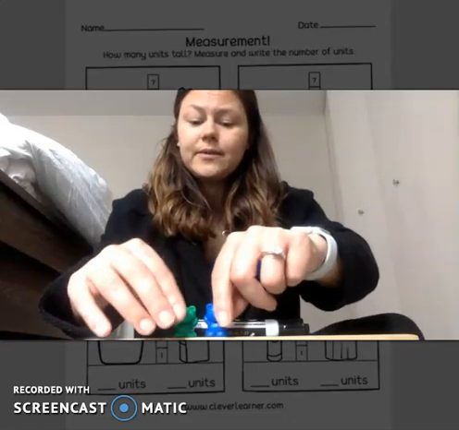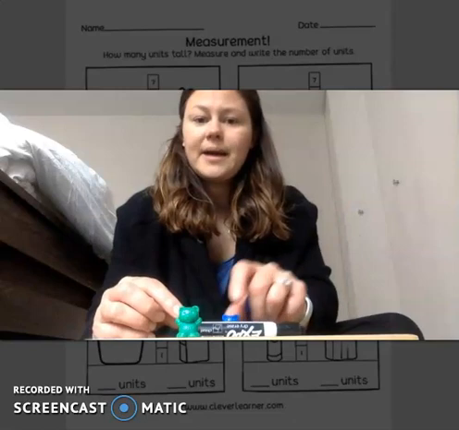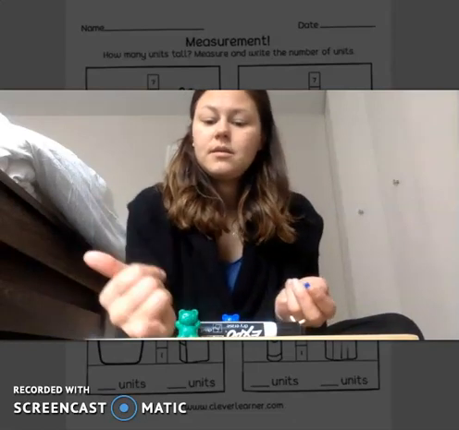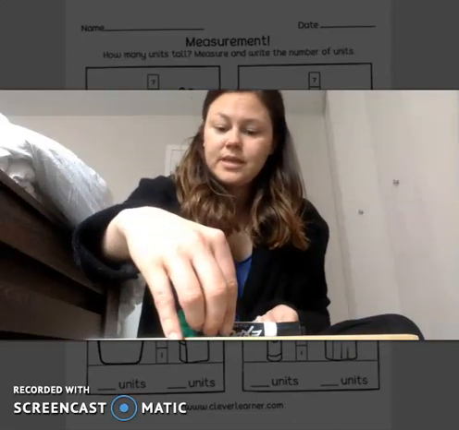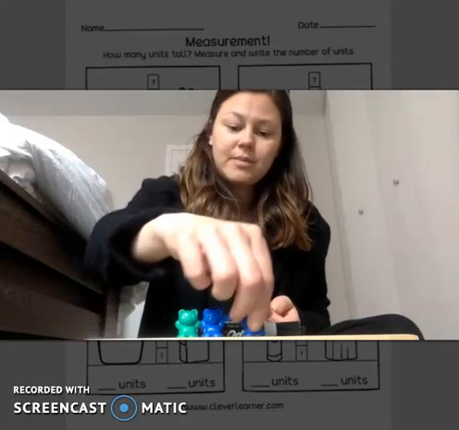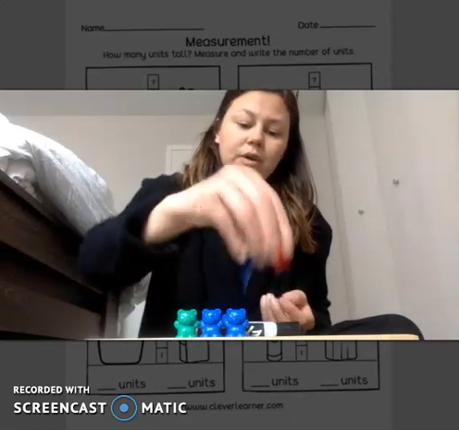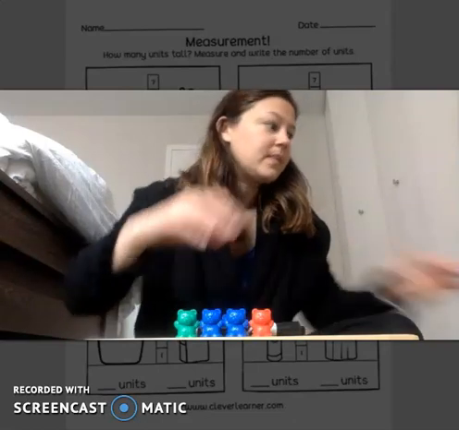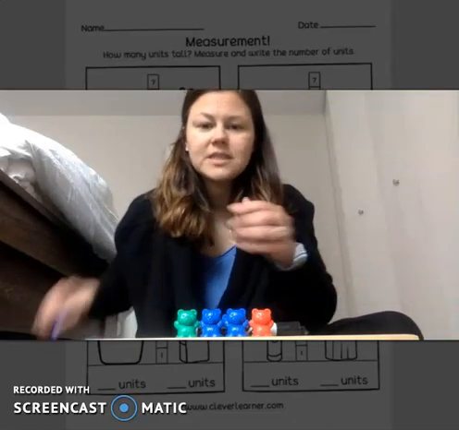So let's try this again. I start right at the end to make sure that my bear and the end of my marker are lined up. Now, as I bring these across, I'm making sure that my bears are touching, that there are no gaps. I'm going from one side to the other. Okay, I'm done, right? Oh no, I still have to keep going?